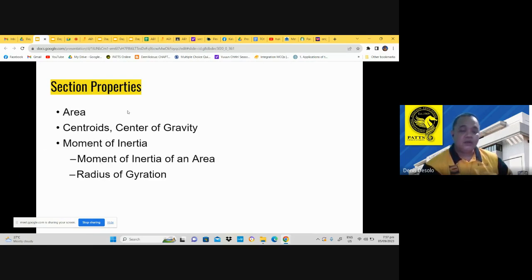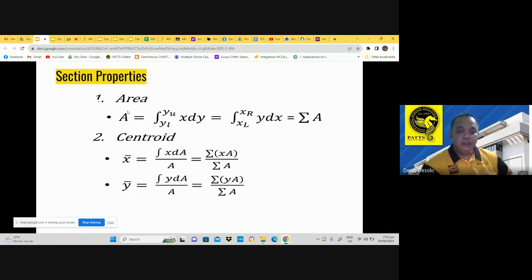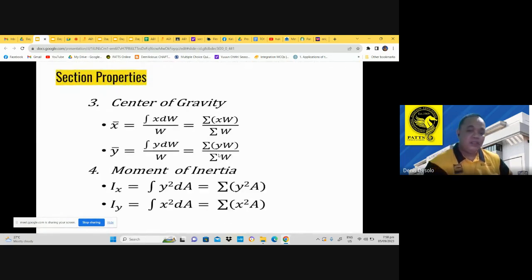So part of the introduction that we had for section properties, of course, I already uploaded this course material. If you read further beyond the introduction, you will see that we already have a reference for the topic. If we recall, we concentrated on the formulas used for the integration, for the areas, the centroid, the center of gravity, mass, and moment of inertia.